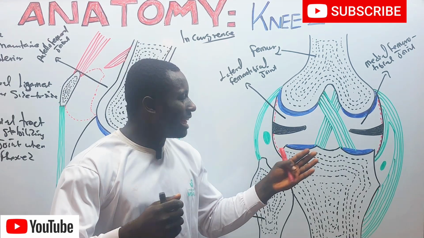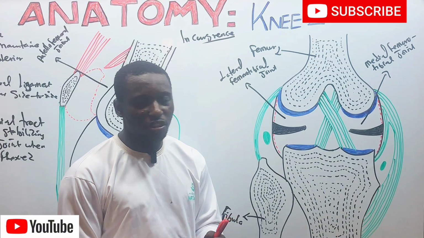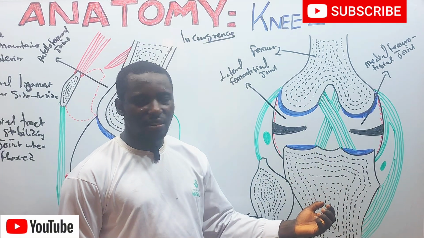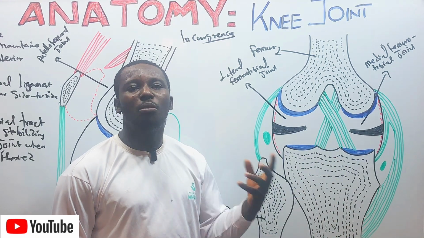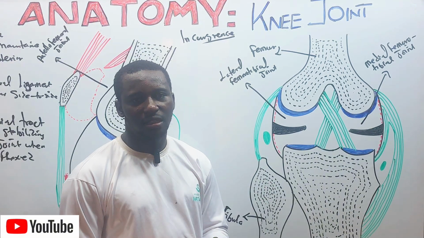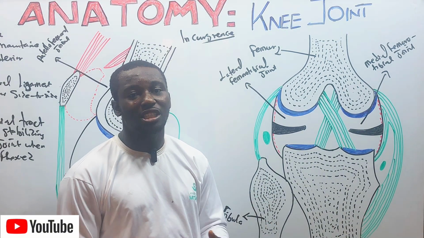So that is why it has those numerous stabilizers, because the tibial condyle is small and shallow to accommodate the large convex femoral condyle. Yes. So that is how it is done.